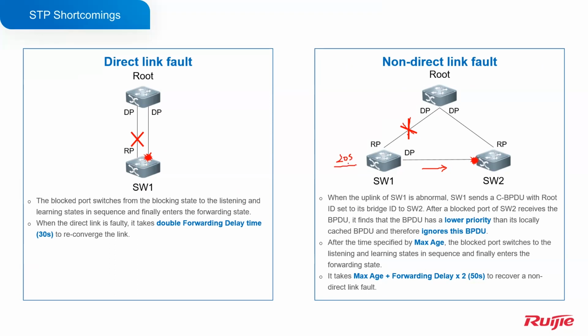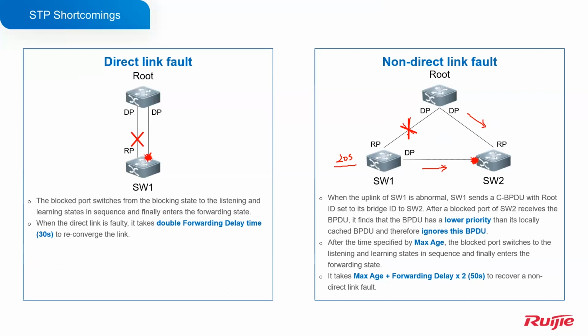So it will wait for 20 seconds. And after 20 seconds, actually the BPDU on SW1 has passed the aging time. So SW1 will think, okay, now I'm the root. And then since SW1 thinks it's the root, SW1 will send a BPDU to SW2. But in this case, SW2 finds that, okay, I received the BPDU from SW1, and this BPDU has a lower priority, because SW2 can receive the BPDU from the root and at the same time receive the BPDU from SW1.